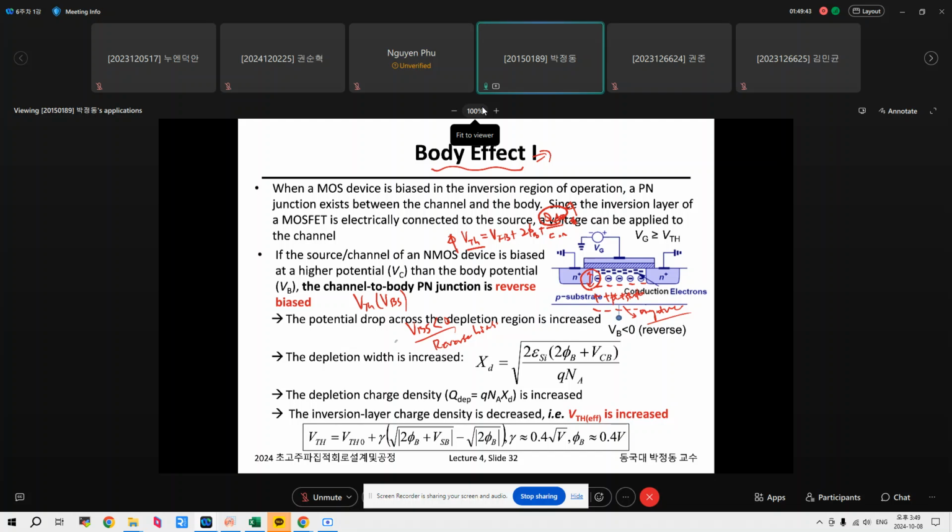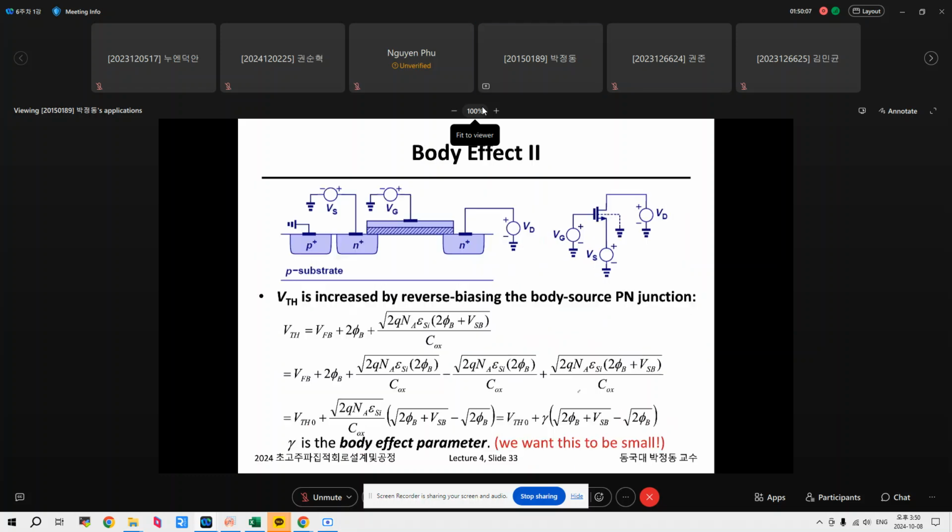So, using the previous relation, threshold voltage can be expressed in terms of intrinsic threshold voltage plus source body voltage. Easy, right? Here, gamma is a process parameter. We don't care about that. As we observed before, threshold voltage is flat band voltage plus 2 surface potential plus Q depletion divided by COX.